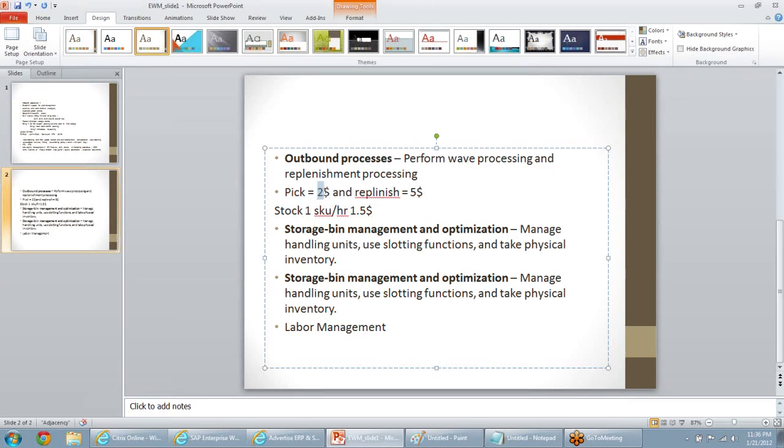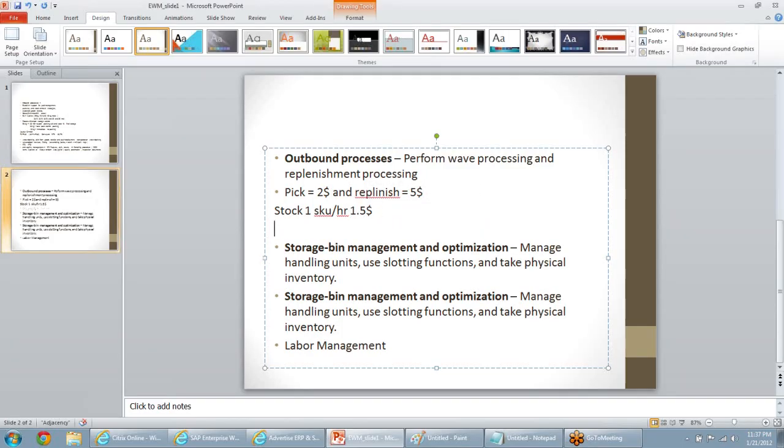To pick a stock from a particular bin, my cost is $2, to replenish the bin one time it is $5, and to keep the stock of one pallet it costs me $1.5 per hour. So what do I have to minimize?